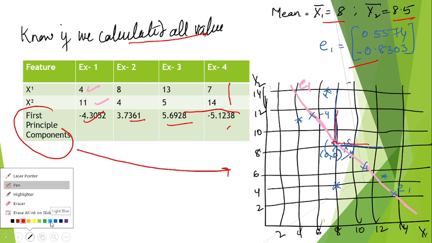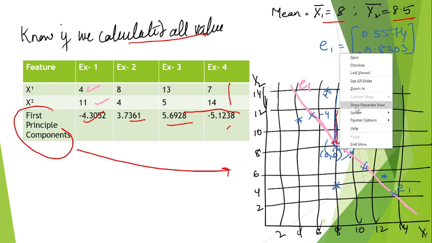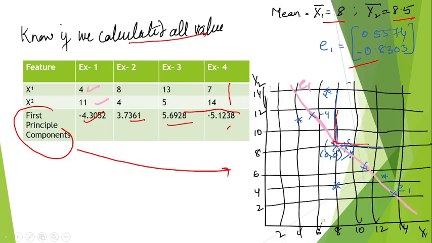Yes. If I get 0, 0, first one, it's here because it's coming 0.5 and 0.8. So it's, sorry, it's here. So I draw the line here. This is my line. It is coming here. So it is going through this point. So this is my E1.